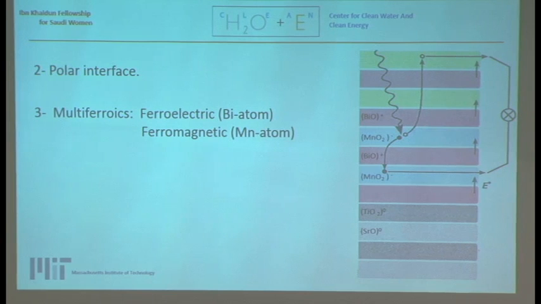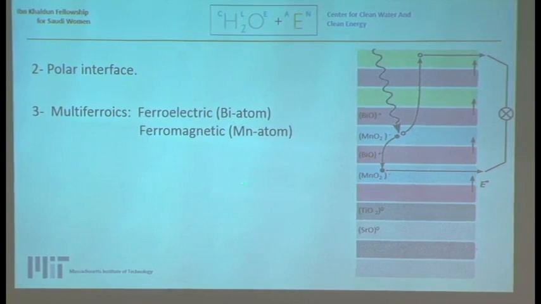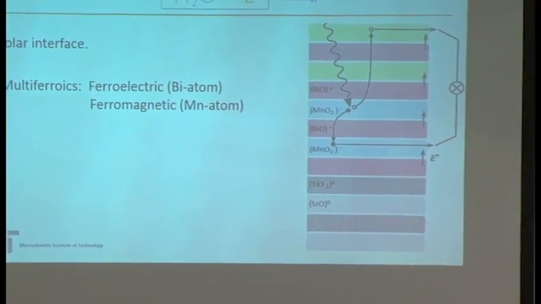At the same time, it's ferromagnetic, which means that in the presence of a magnetic field, the electrons in the Mn atoms will align themselves in a parallel direction. So these properties make BMO thin films an interesting material to be studied for further applications beyond solar cell applications.